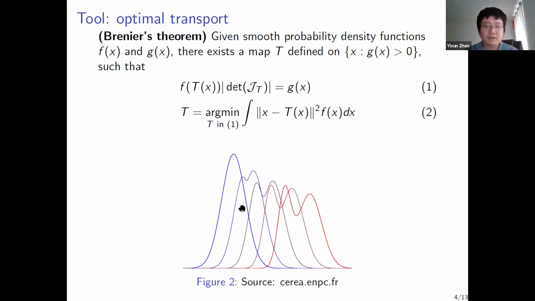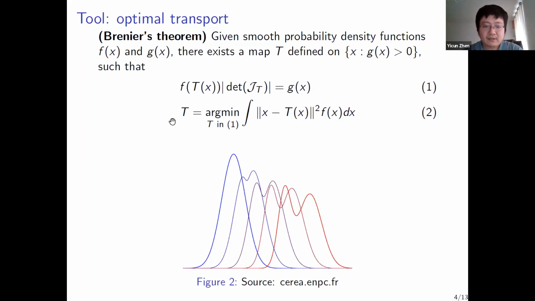But for this question, the proper tool is optimal transport. This is a theorem in the theory of optimal transport. It says the following: given two smooth probability density functions f and g, there exists a map T defined on the points where g is non-zero, such that f composed with T times the determinant of the Jacobian of T equals g of x at all the points where T is defined.